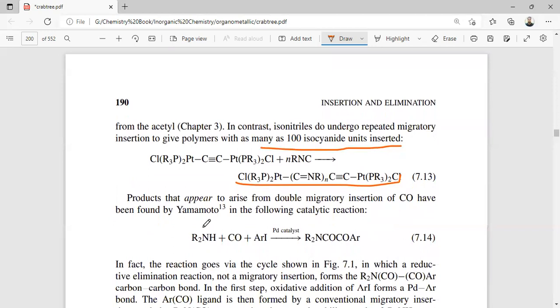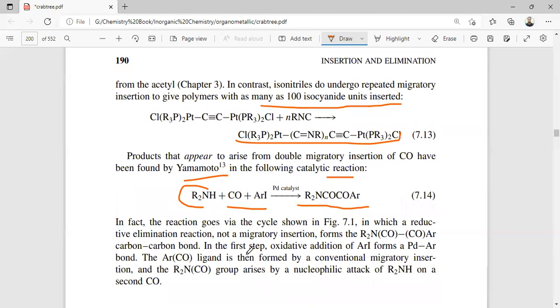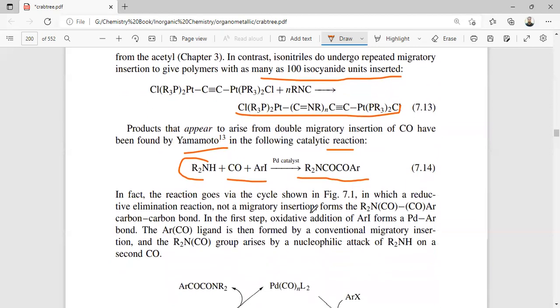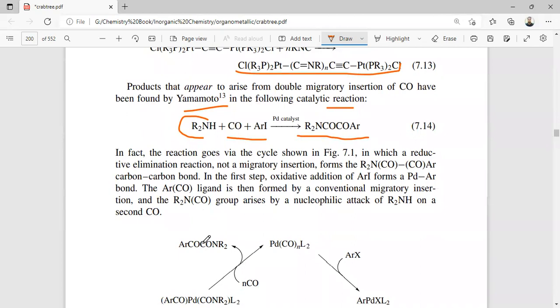The products that appear to arise from double migratory insertion of CO have been found by Yamamoto in the following reaction, where R2NH, CO and ArI with a Pd catalyst form this R2NCOCO-Ar. In fact, the reaction goes via a cycle in which reductive elimination, not migratory insertion, forms this R2NCOCO-Ar carbon-carbon bond.